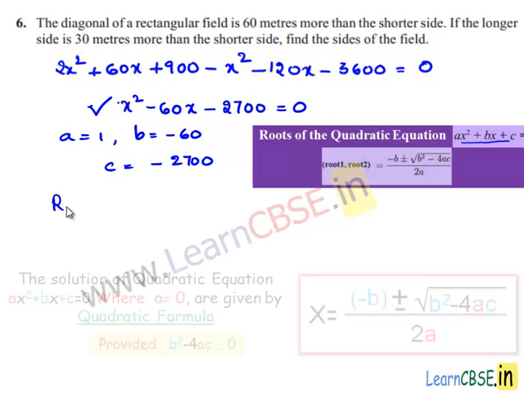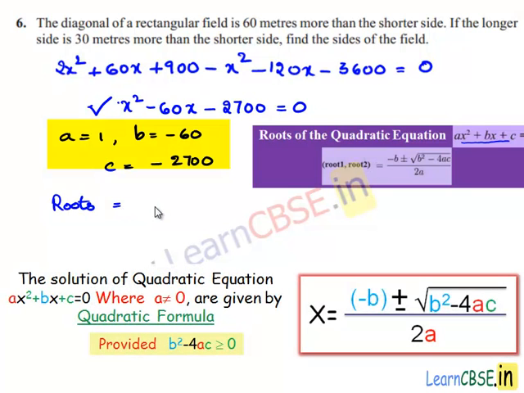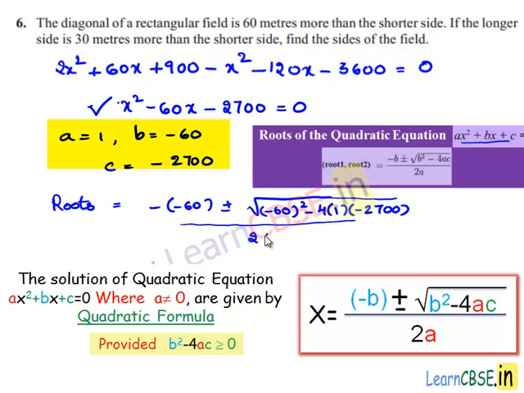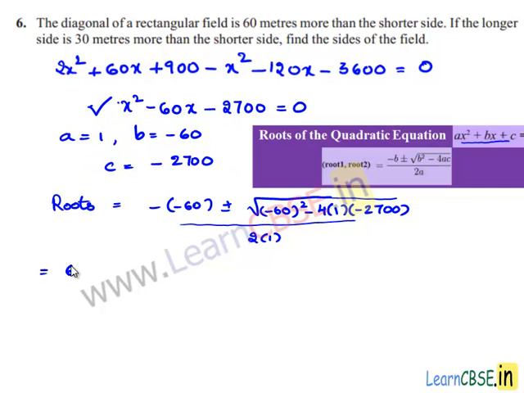So roots are minus b, which is minus of minus 60, plus or minus square root of b square, which is (minus 60) whole square, minus 4 times a, which is 1, and c, which is minus 2700, divided by 2a, which is 2 times 1.